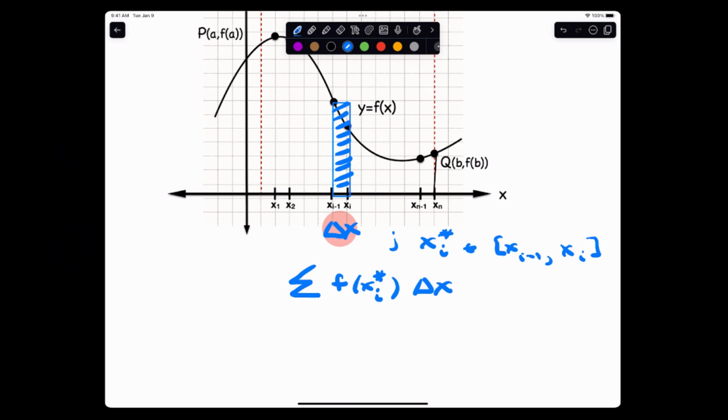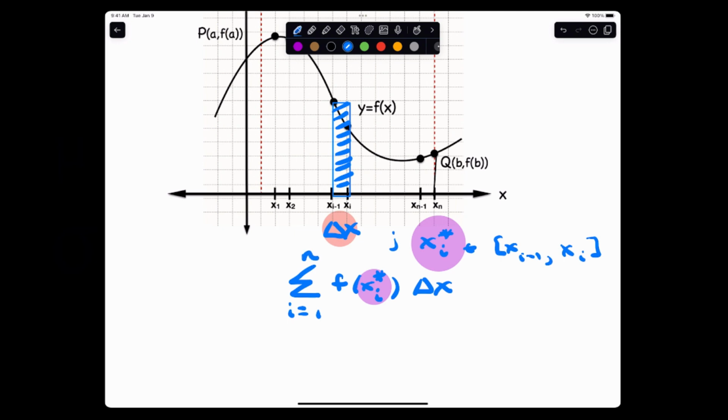This is a very special point in the interval. That point can be a left endpoint, a right endpoint, or a midpoint. We really say it's just an arbitrary value in that interval. And you see this sum, where i goes from 1 to n.